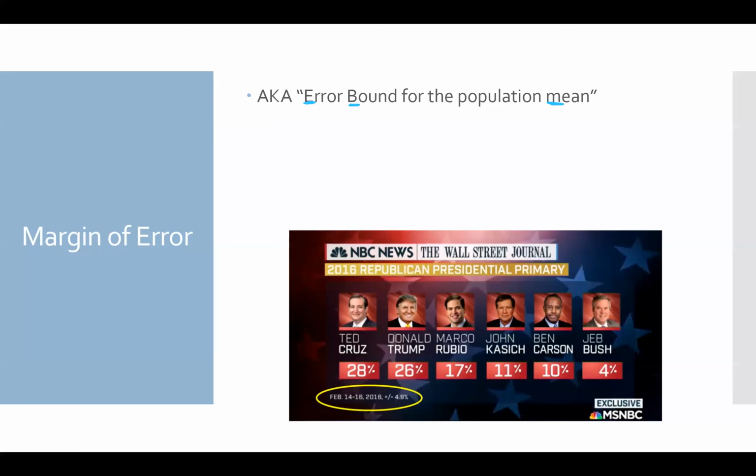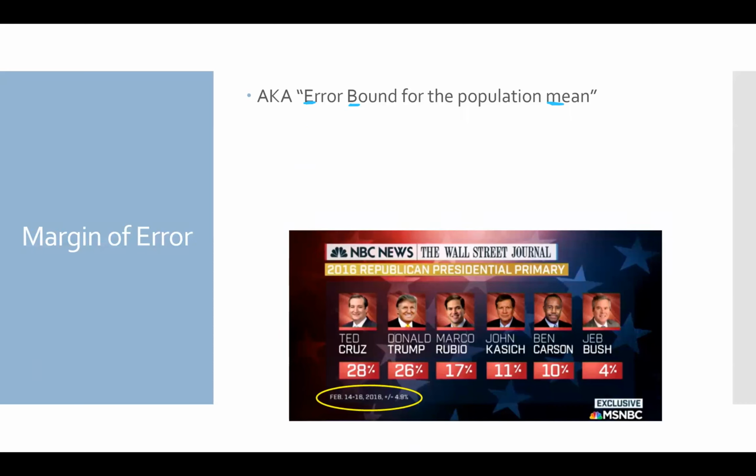So that's one of the uses that you see of a confidence interval. I see it a lot on news reports, especially when they're doing some sort of survey. You'll see plus or minus 3%, plus or minus 4.8% as it is here. Again, that gives us the margin of error. They typically use the phrase margin of error so that every John Doe, every person, can understand it.